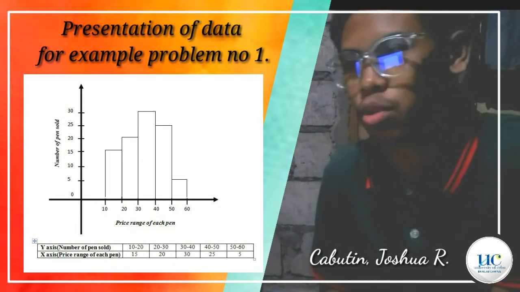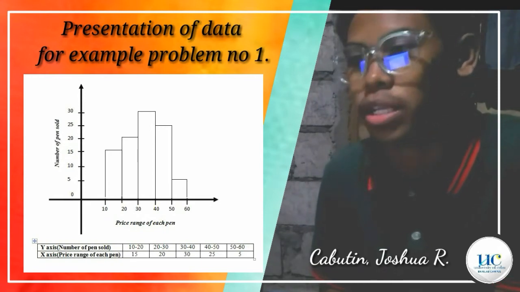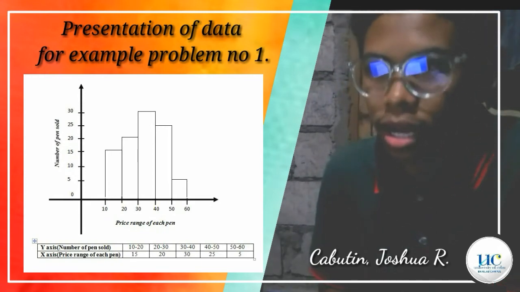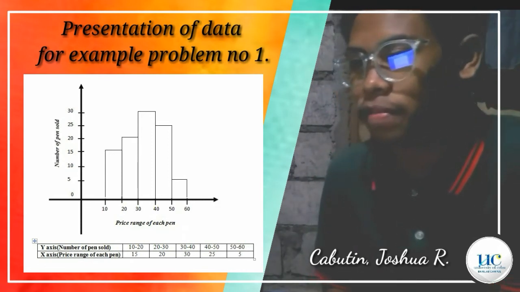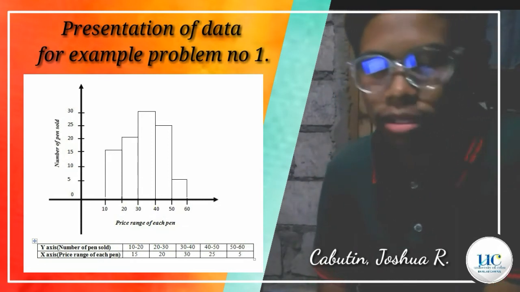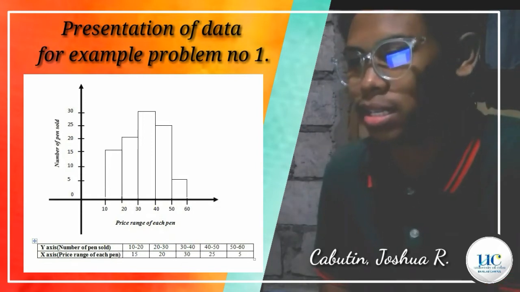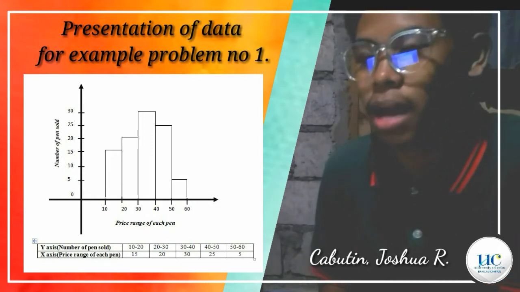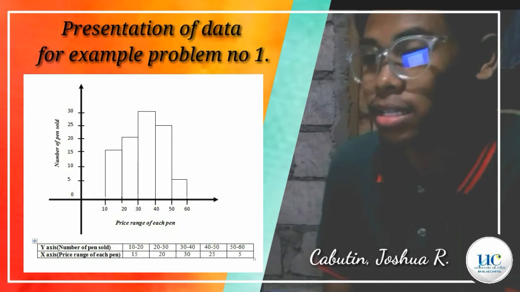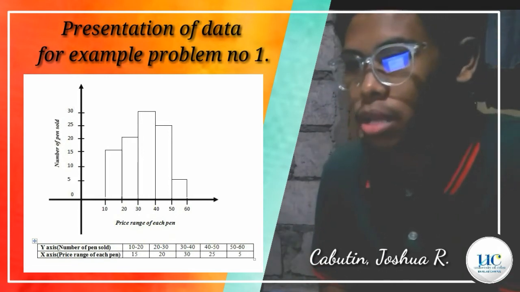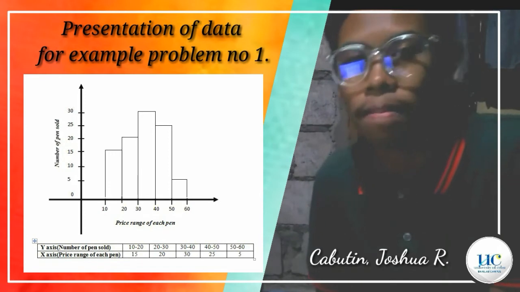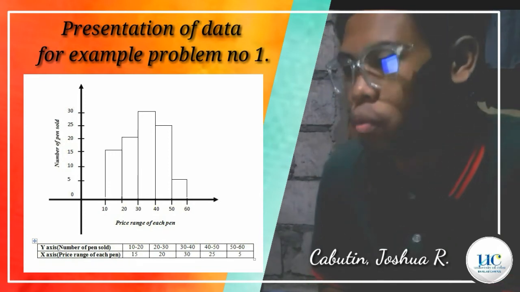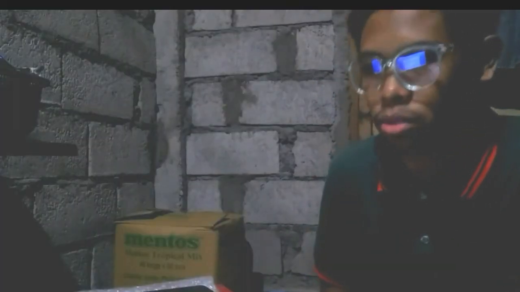And the x-axis represents the price range for each pen, which is 10 to 20, 20 to 30, 30 to 40, 40 to 50, and 50 to 60. Now the next step is to draw the y-axis and the x-axis and apply the given values. And as you can see in the final output, the pen that has the largest number sold was the pen with the 30 to 40 pesos price range.